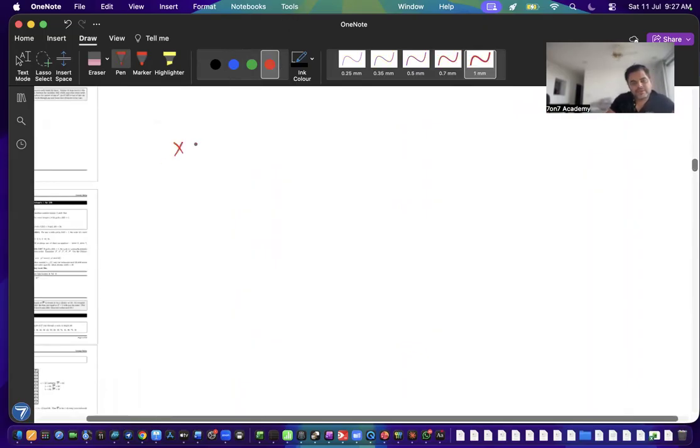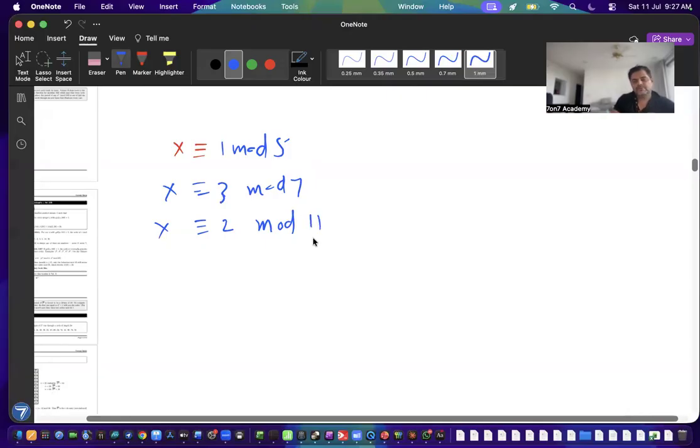Let me take x congruent to 1 mod 5, and then x congruent to 3 mod 7, and x congruent to, suppose, 2 mod 11.